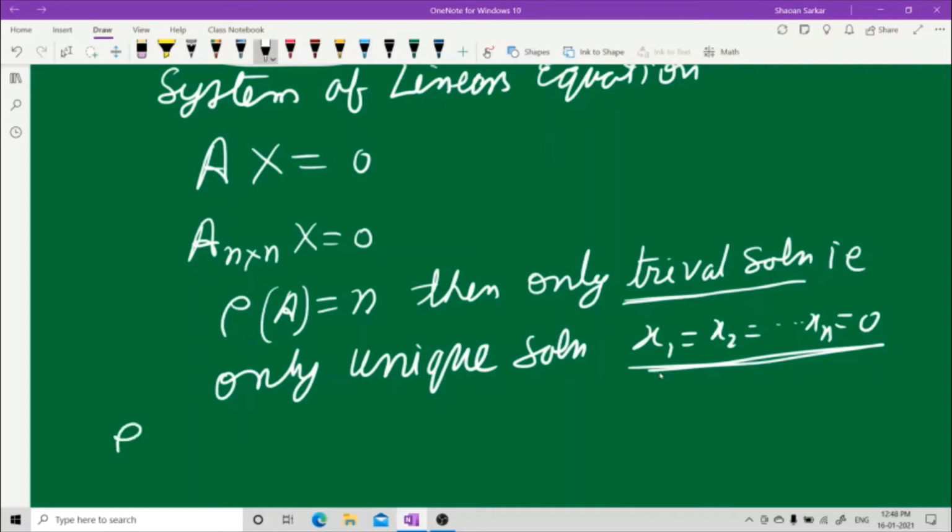Now suppose if the rank of this matrix A is less than n, then infinite solution.